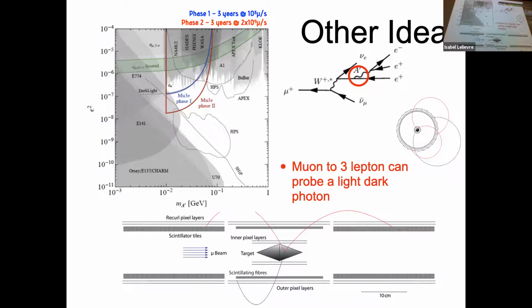The reason we can look for this is we can build a super intense muon beam. You fire it at a target, and this muon beam is very low energy, so you can put instrumentation all around it. You hit the target, and then you just look for 3 electrons. Right, so 1, 2, 3. This is all in a magnetic field.